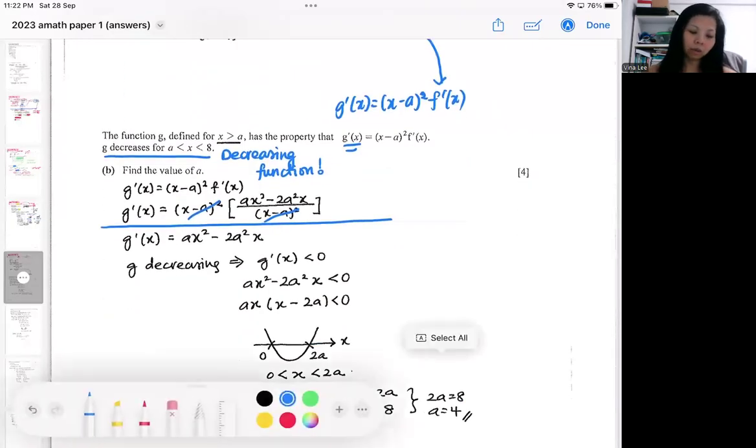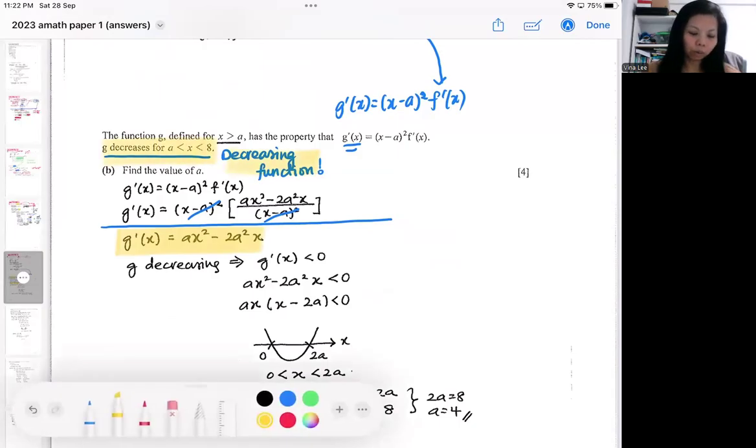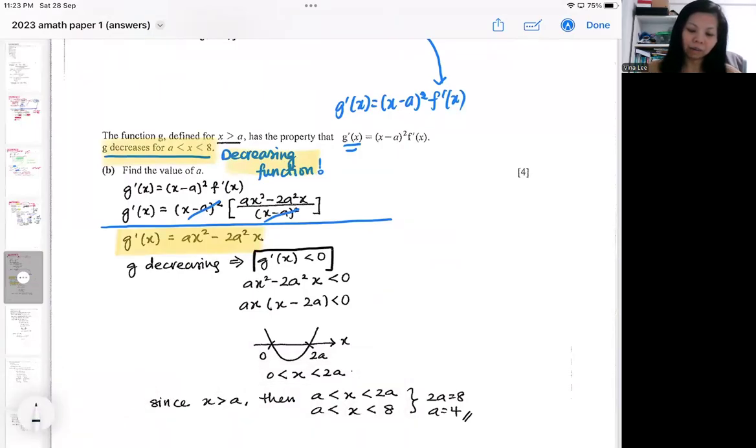After getting a proper G prime, you should realize that this is the implication of a decreasing function. So you have to go to the definition of a decreasing function. If it's a decreasing function, that means the G prime will be negative.